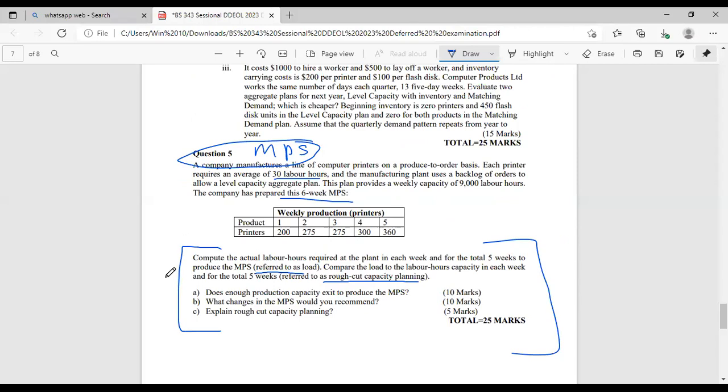Then what changes in the MPS would you recommend? Changes in the MPS is that since we're using a backlog, we need to get the hours from where we have the overload to where we have the underload.